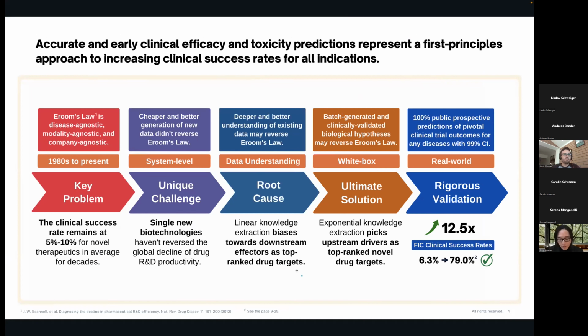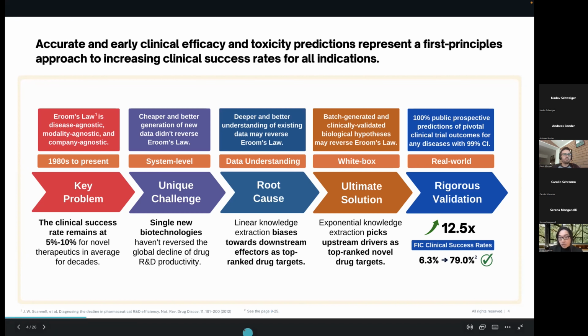What's very interesting about this problem is that in the past 40 years, the whole world witnessed a boom of biotechnologies and new types of data, but apparently these new data did not significantly alleviate the problem of low clinical success rate. That suggests that early predictions of clinical efficacy and toxicity may not be performing very well, despite these new waves of more data.